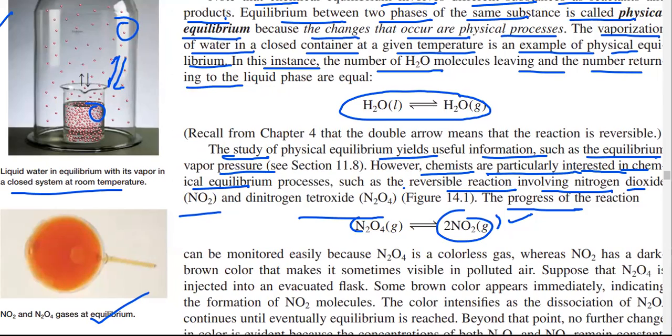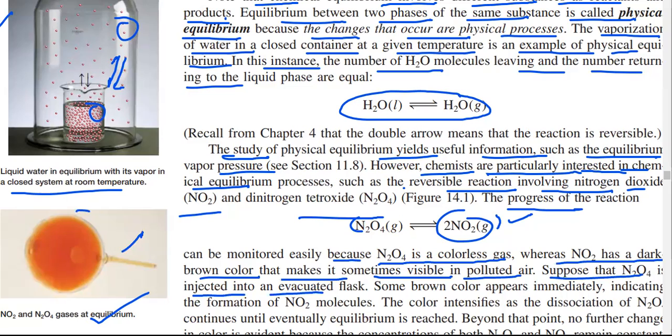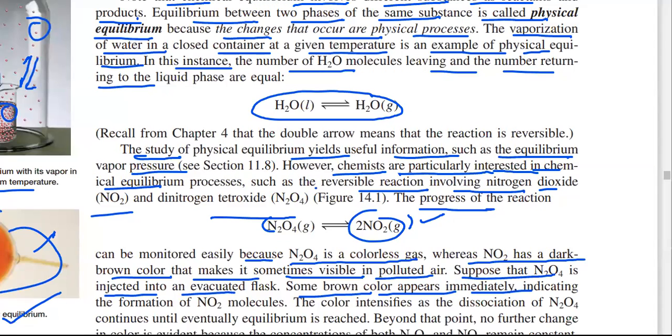N2O4 and NO2 gases at equilibrium are shown in the picture, and the reversible process of the reaction can be monitored easily because N2O4 is a colorless gas, whereas NO2 has a dark brown color that makes it sometimes visible in polluted air. Suppose that N2O4 is injected into an evacuated flask, shown here, and some brown color appears immediately, indicating the formation of NO2 molecules.